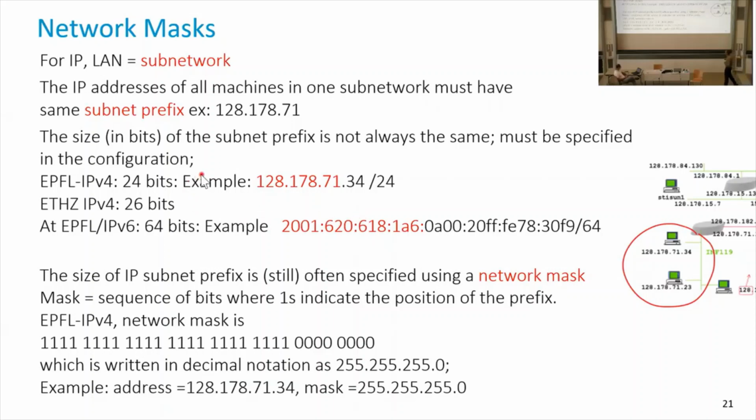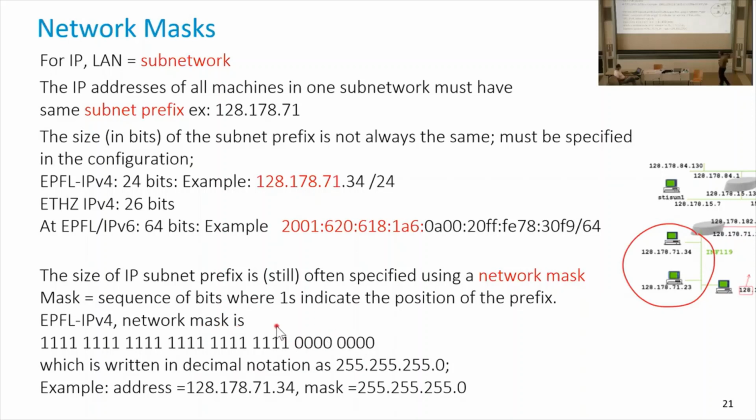Right? If we would do this today, and you have to express the fact that the prefix length is 24 bits, then you would put a box somewhere in the configuration saying prefix length equal 24. Unfortunately, historically, this is not the way it was done. They used a much more clumsy way, which is called a network mask.